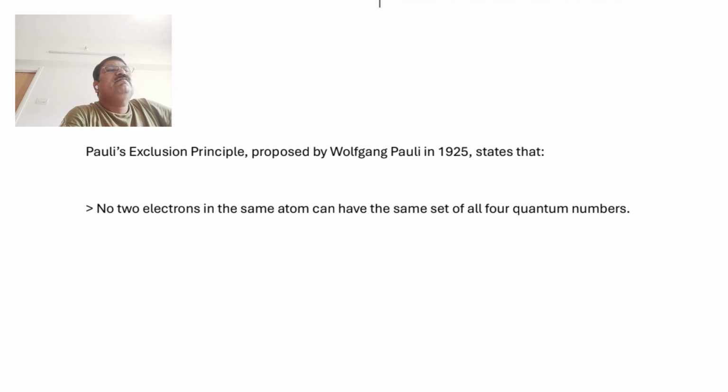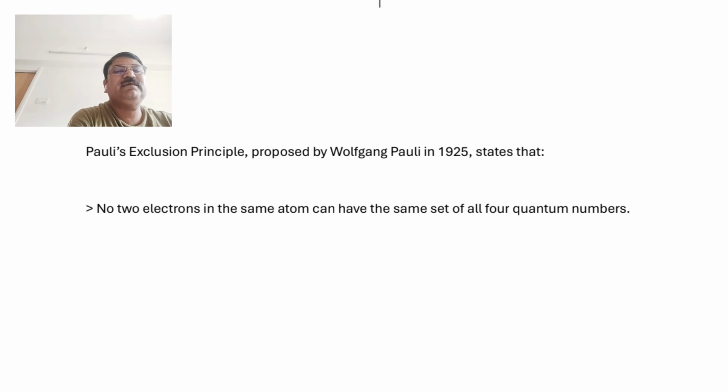According to Pauli's exclusion principle, whenever any element contains more than one electron, that is 2 and more, then according to its postulate, no two electrons in the same atom can have the same set of all four quantum numbers.